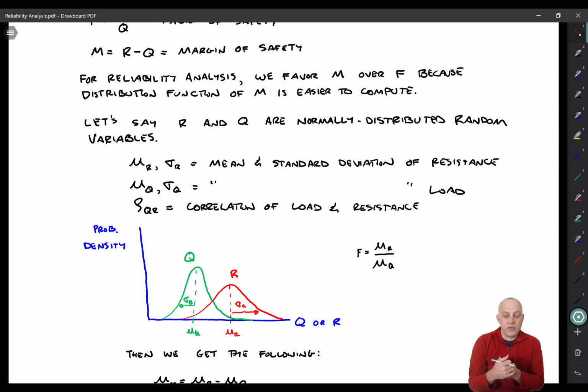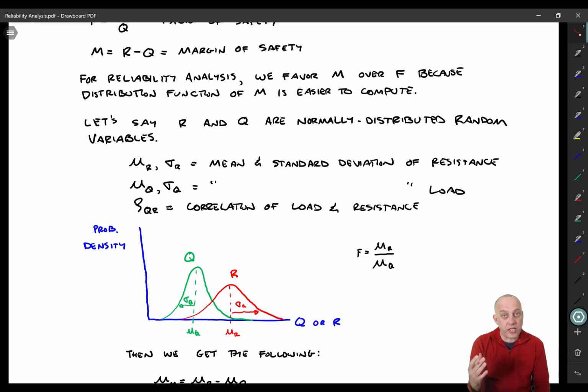In that case, the load and resistance really are not correlated, right? The strength of the soil is not related to however much load happens to be on the building, or like for earthquake loading, the amount of inertia the building imposes on the ground, not really correlated with the strength of the soil necessarily.